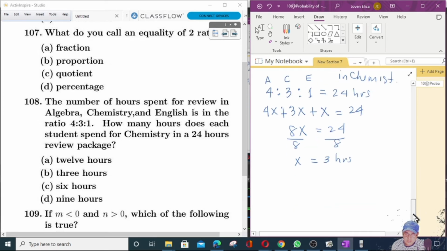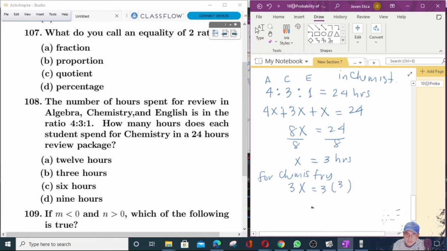So if that is 3 hours in 24 hours, the ratio for chemistry is 3x. This is the equivalent ratio. So therefore, 3x is equal to 3 multiplied by the number of hours each student spends, which is 3.